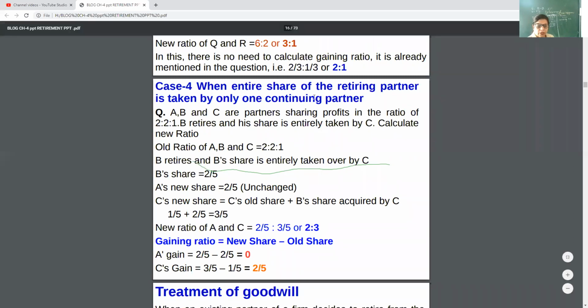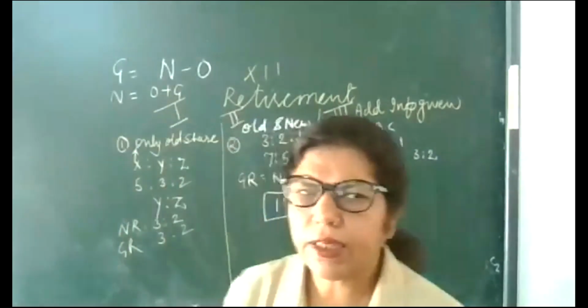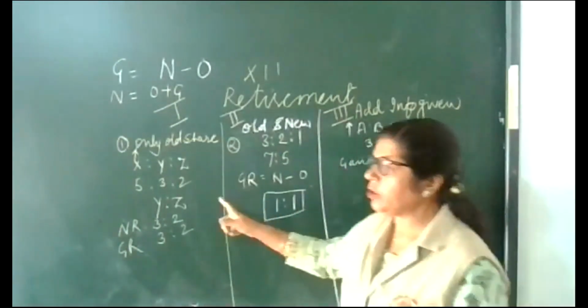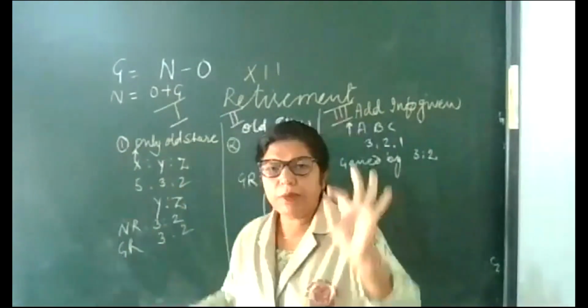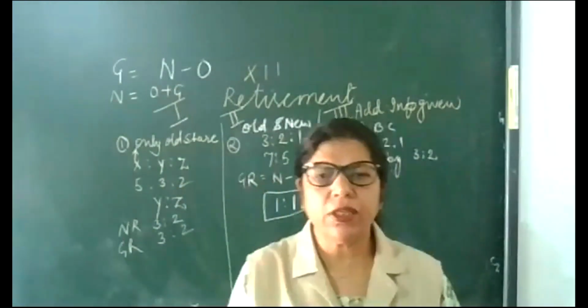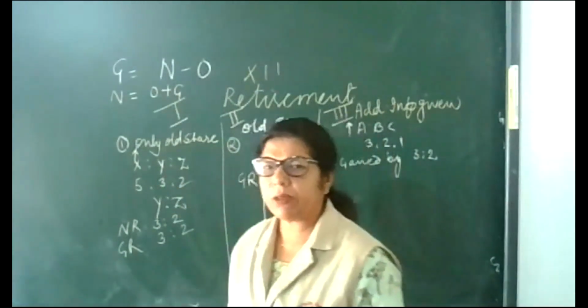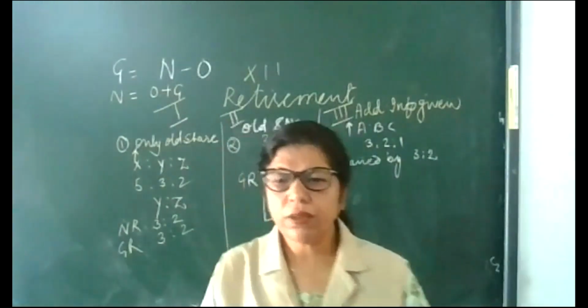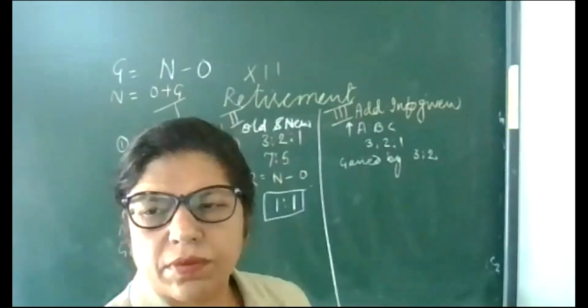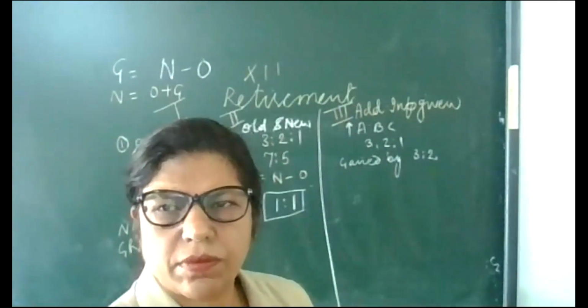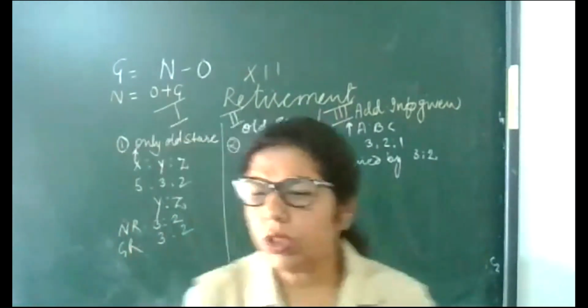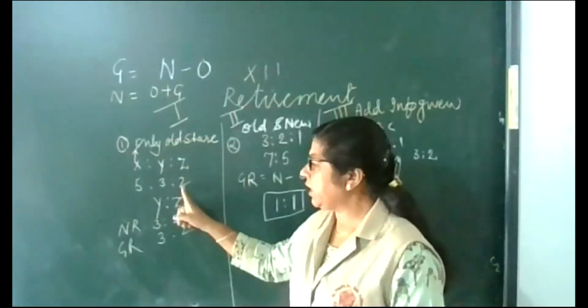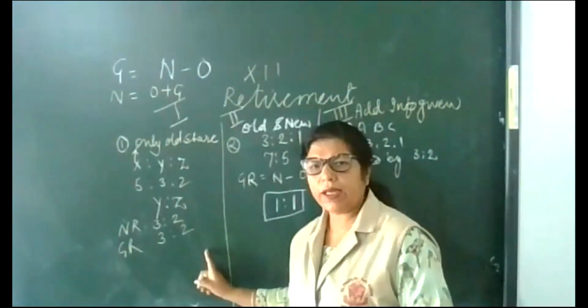So I am sure you must have understood the topic. See again. First method, where limited information is given. Limited information means only the old share is given, nothing else.